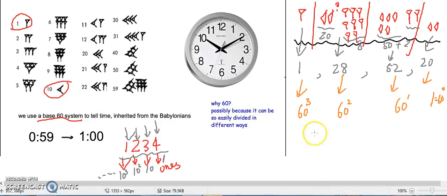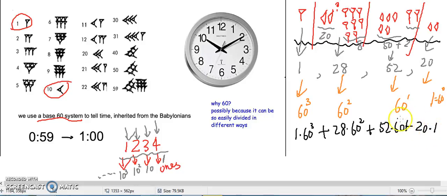So we have 1 of 60 cubed plus 28 of 60 squared plus 52 of 60 plus 20 ones.